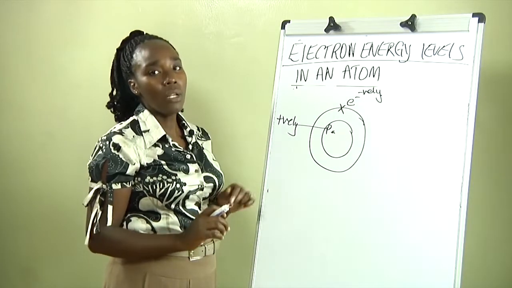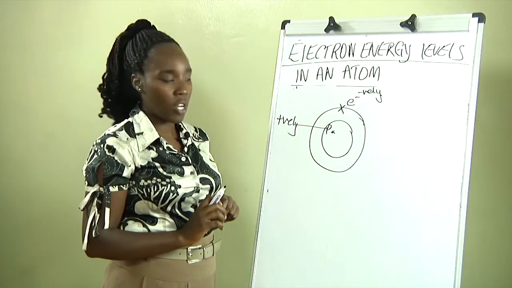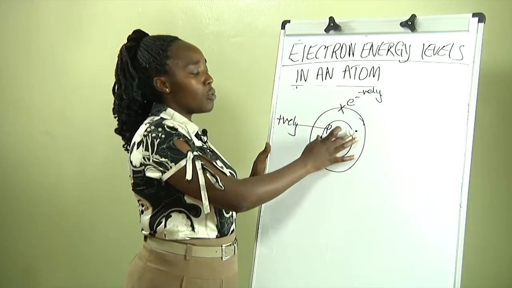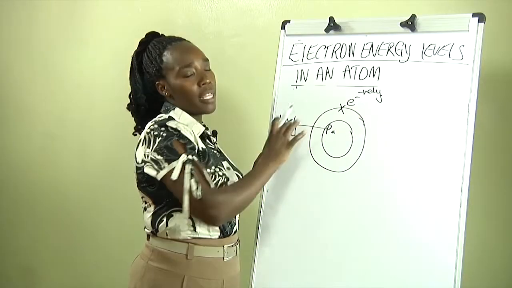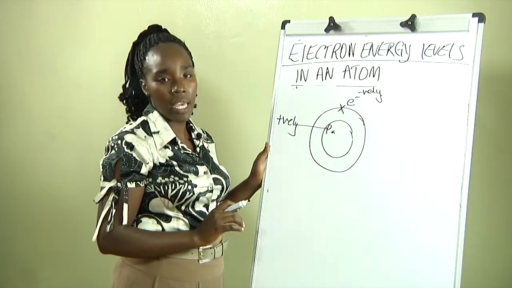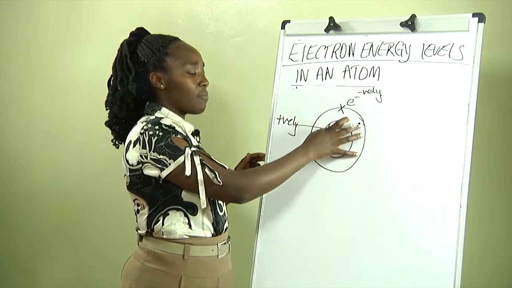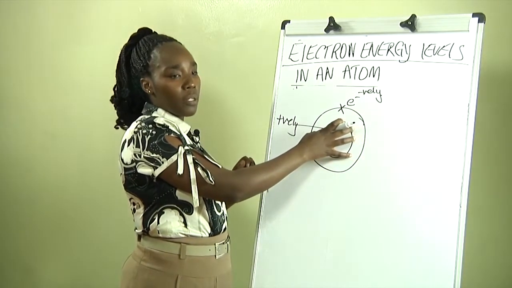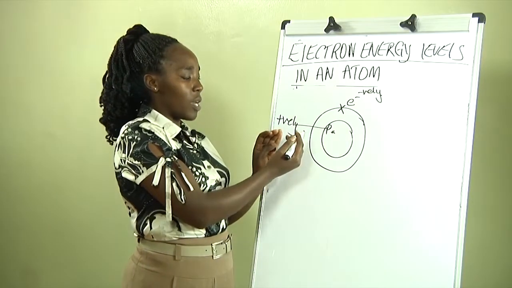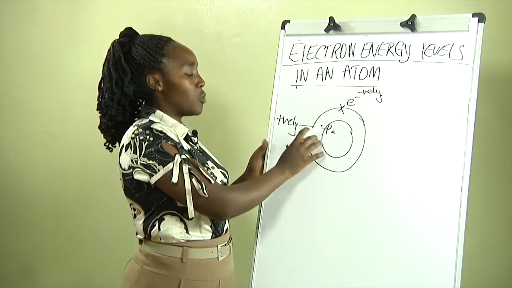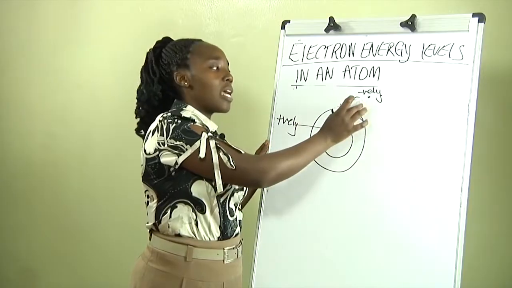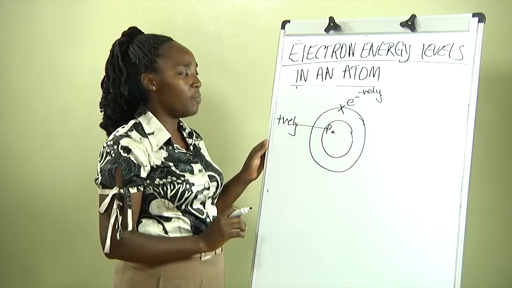Therefore, there is always a very strong force of attraction between the nucleus and the electrons occupying the energy levels. So the first energy level has a very close attraction force between the protons in the nucleus and the electrons found on the energy shells.